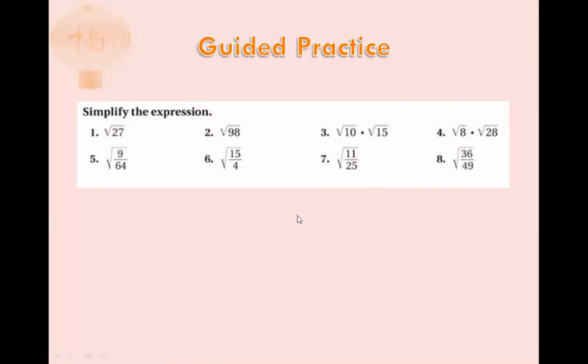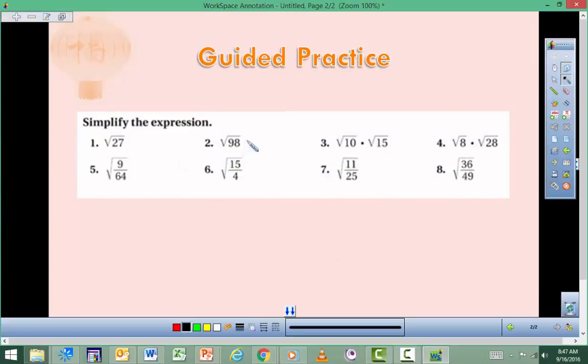Okay, so how about if I show you like this one? I think 98 is 49 times 2. So since 98 is 49 times 2, I can split this up into the square root of 49 times the square root of 2.